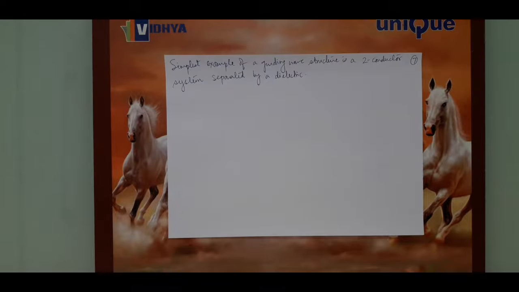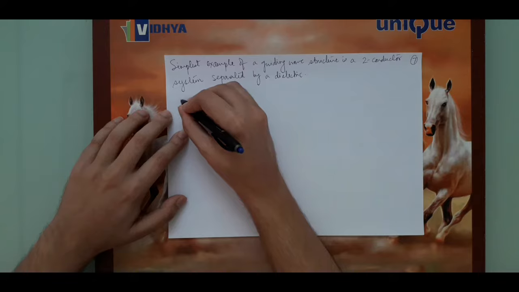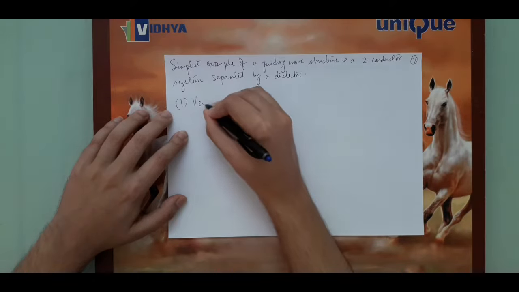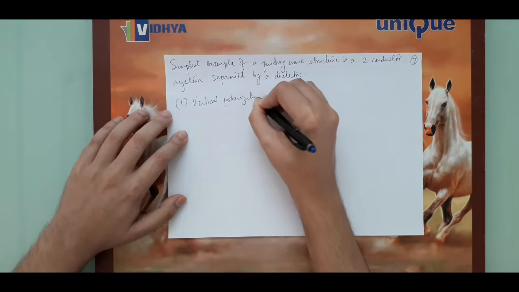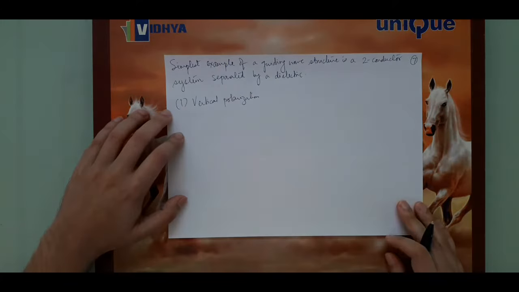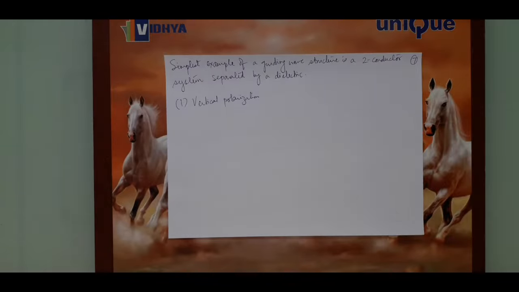Now let us revisit our case of vertical polarization. That is when the incident wave is hitting some conducting boundary and the E field of that incident wave is vertically polarized. We are going to revisit this but with a slightly different change in perspective.